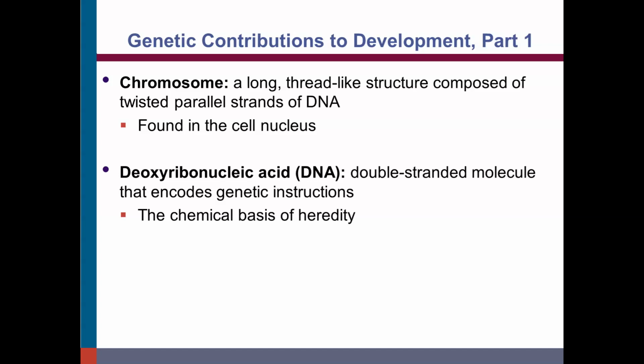Well, that is a double-stranded molecule that encodes our genetic instructions. So basically what that means is when we inherit things from our parents and previous generations, those attributes, we inherit those through genetics. And so that is the chemical basis of heredity. I hope that makes sense to you.